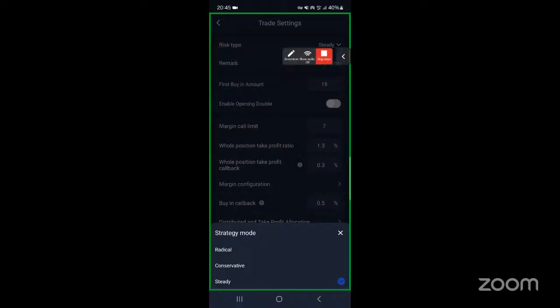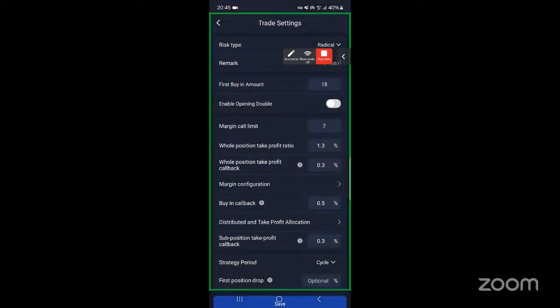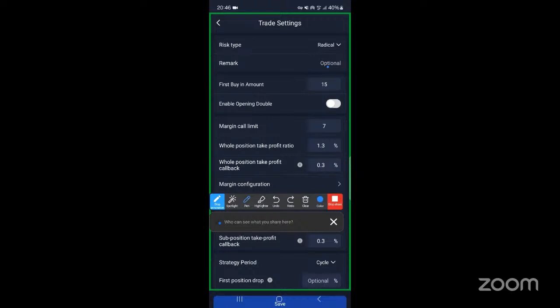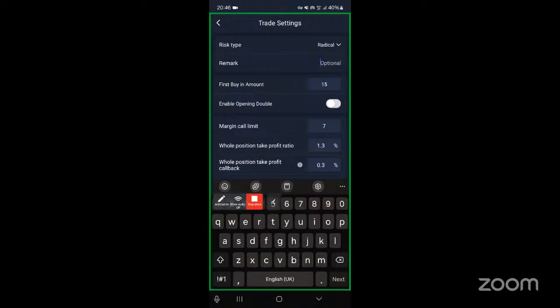Radical. All right. Now we want to enter a template for a radical strategy. So we put here, first, we can put 5. You can start with the smallest, maybe $6.